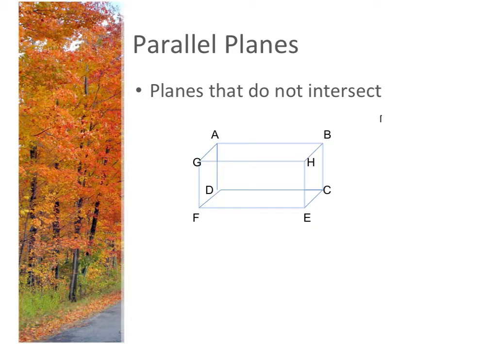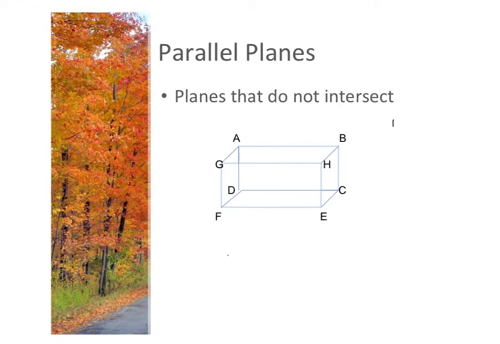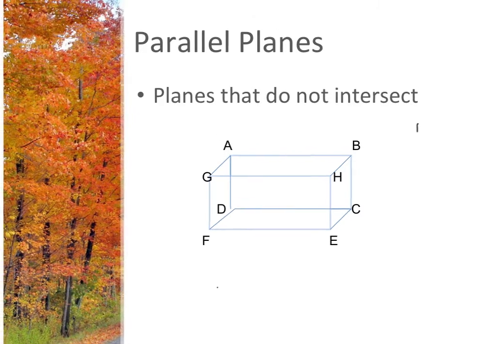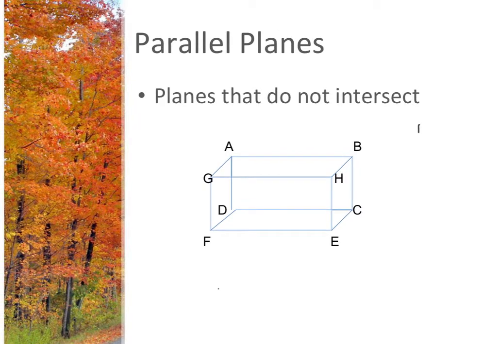Planes that do not intersect. Let's give an example of two planes that don't intersect. Let's take plane ABG. That is this plane right here.